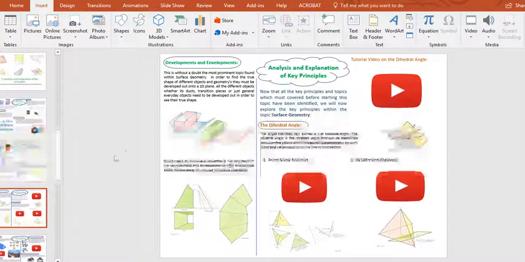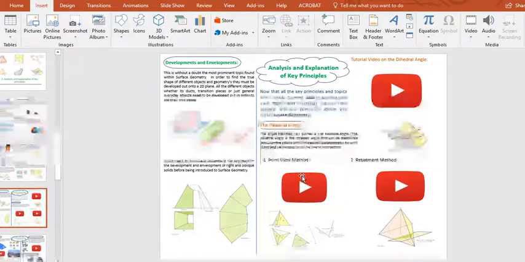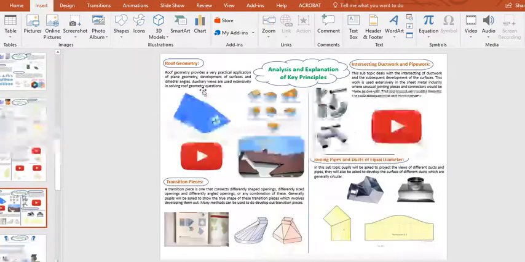So then after identifying the topics both in TG and DCG, I started to identify the key principles behind this topic. As you can see, I first discussed the dihedral angle, and I created a video about it and the two methods used to find the dihedral angle. I then went into roof geometry.